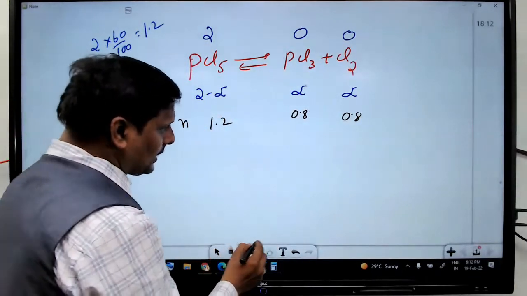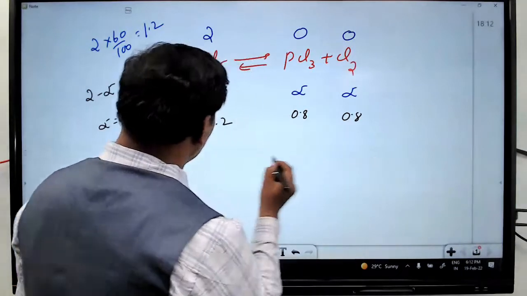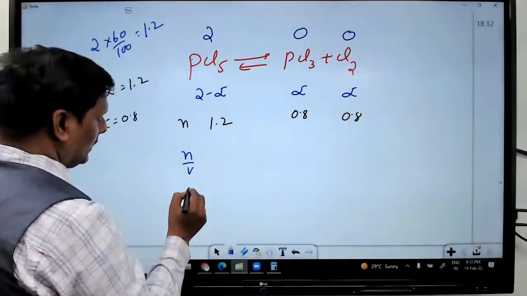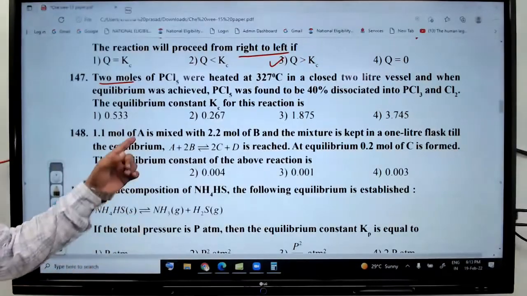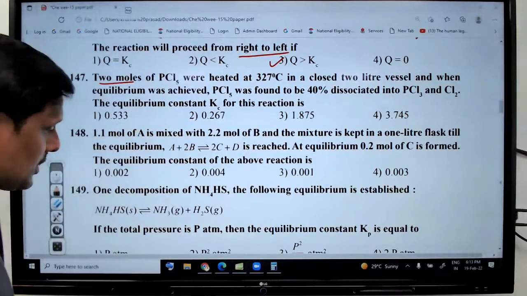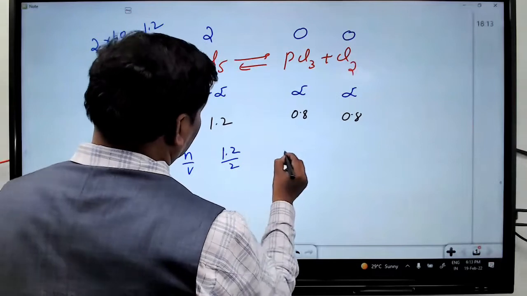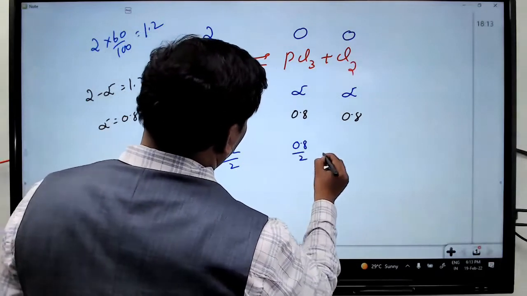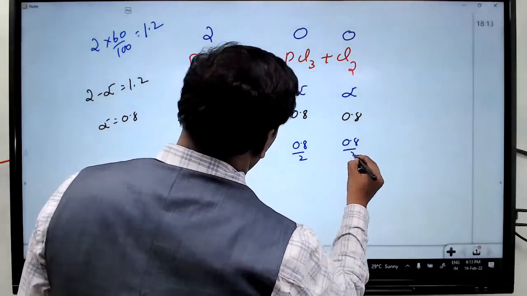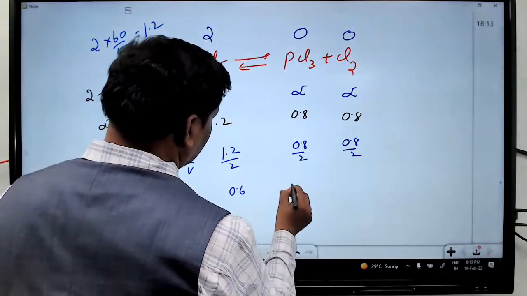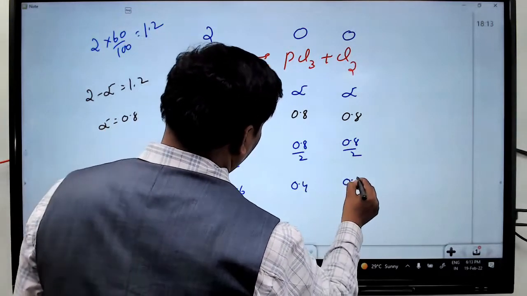But they asked for concentration, which means number of moles upon volume. How many liters is the vessel? It is a 2 liter vessel. In the 2 liter vessel, 1.2 by 2, 0.8 by 2, 0.8 by 2, which is equal to 0.6, 0.4, 0.4.